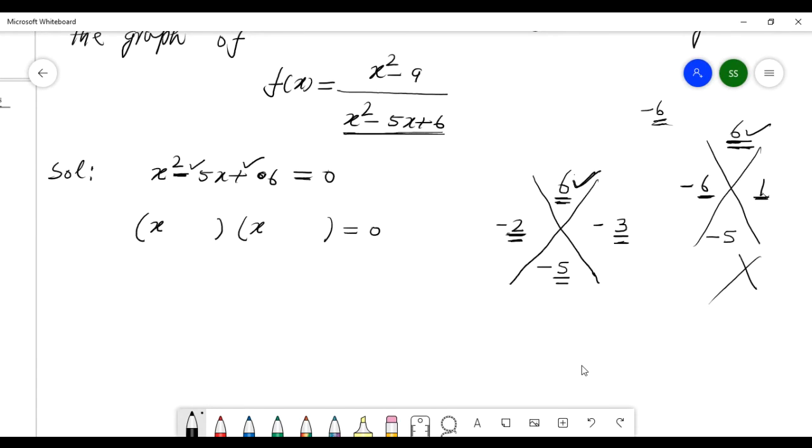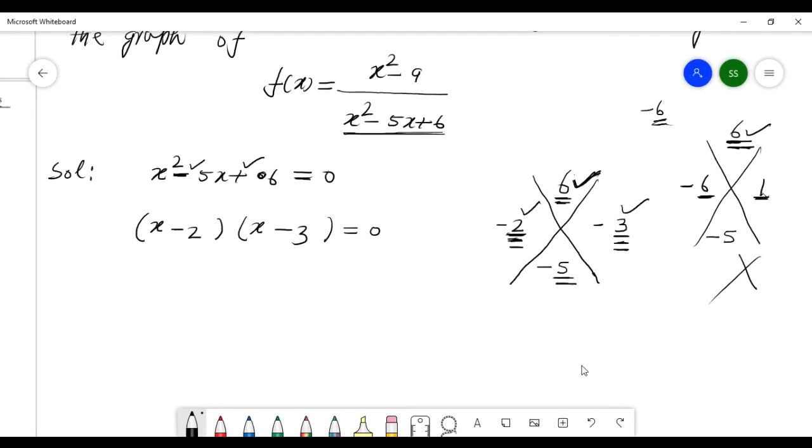If you take minus 2 and multiply minus 3, this will be plus 6, positive 6. And minus 2 plus minus 3 comes to minus 5. It means these two numbers are okay: minus 2 and minus 3. Here write minus 2, here write minus 3.